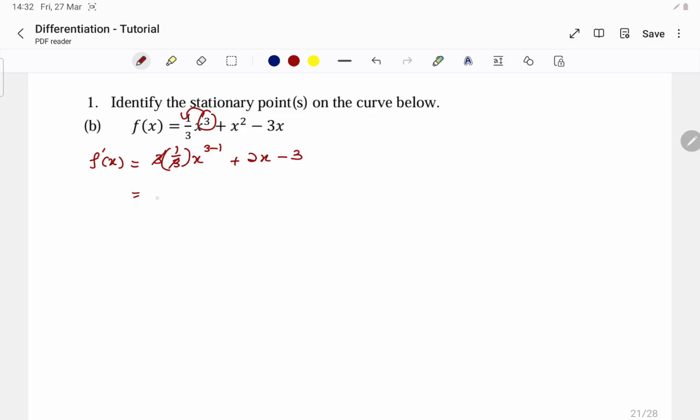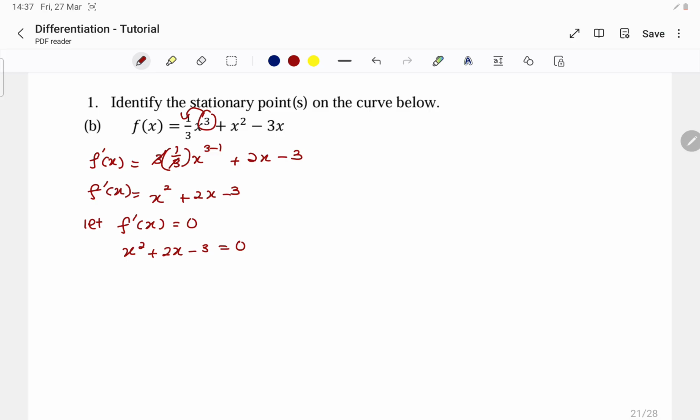So here you're going to get x to the power of 2 plus 2x minus 3. So this is your f'(x), and then you let f'(x) equal to 0. So x squared plus 2x minus 3 equal to 0. And then here you see it is quadratic.